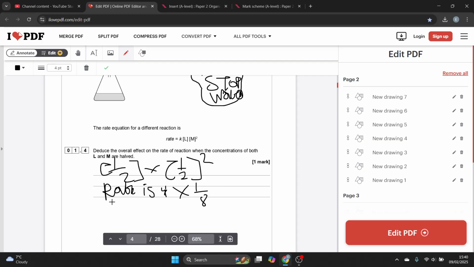Basically, if I do 100, it decreases by a factor of 8.